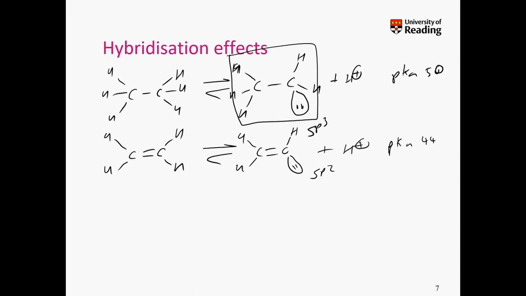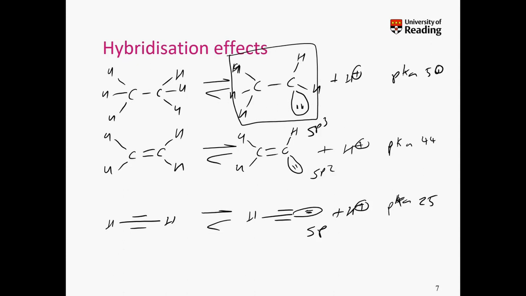So what would happen if we looked at the final one, which would be an alkyne, where we've got the triple bond? If we dissociate that, we would end up with this sp orbital, and following this pattern, that's got more s character than the sp2, so we would expect the pKa to be lower and it to be more acidic, and in actual fact we find that the pKa here is 25.